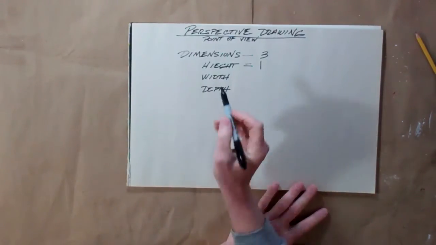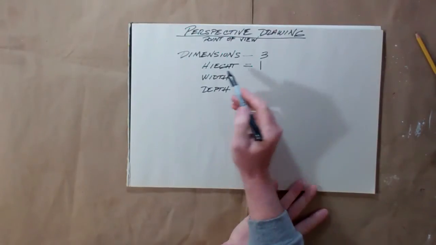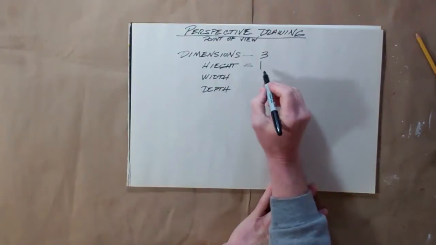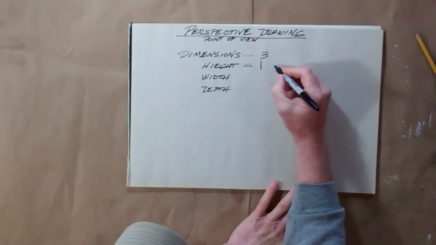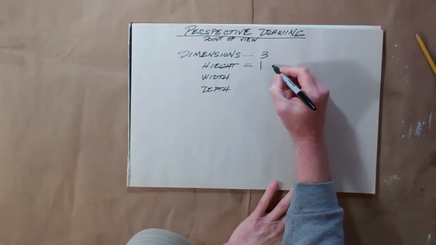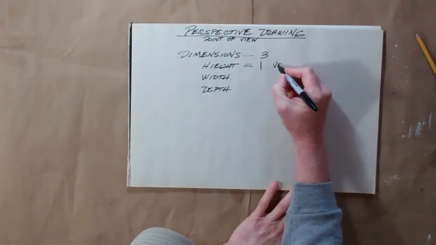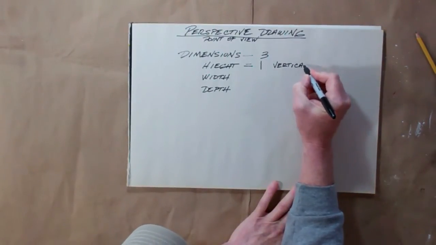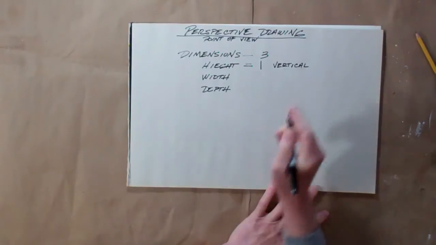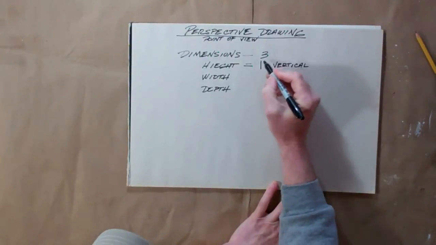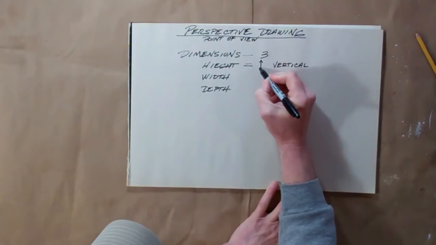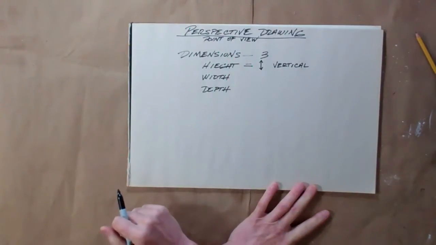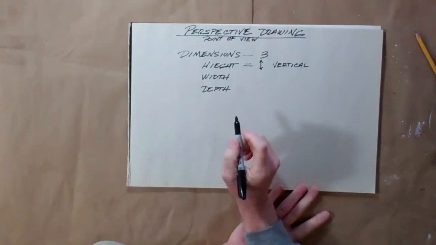Okay, so you have a height variable, which is a dimension, and that is represented by a vertical line. So let's get that down. A vertical. Vertical means up and down, straight up and down.